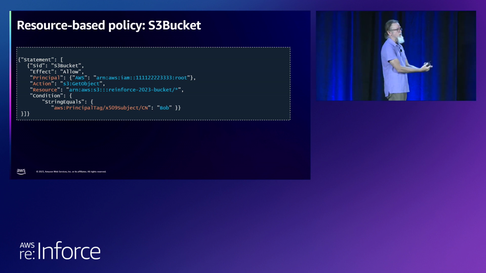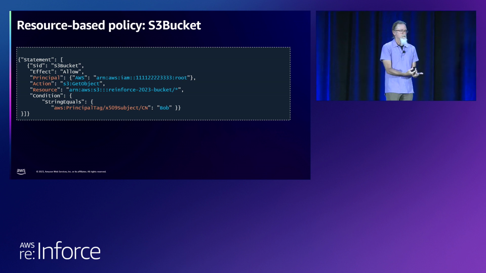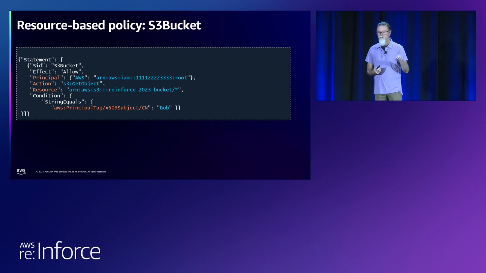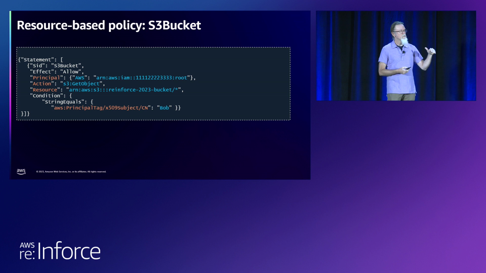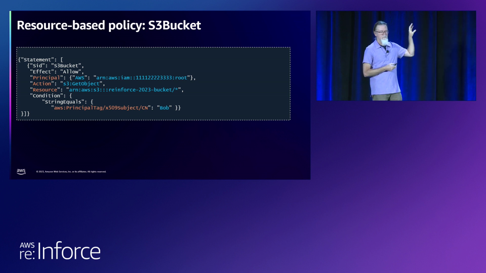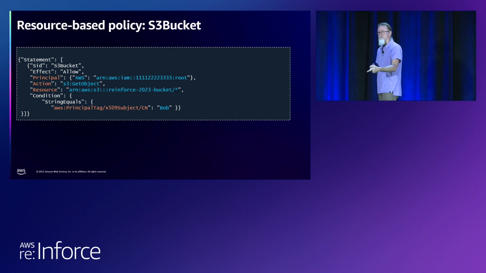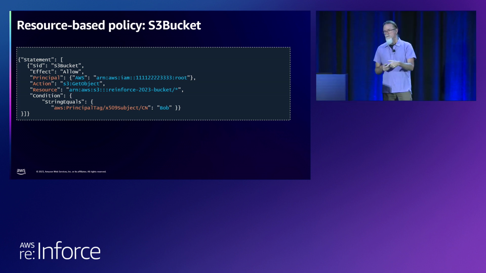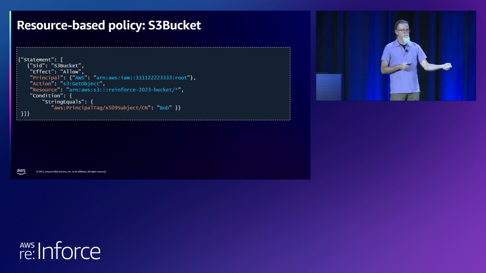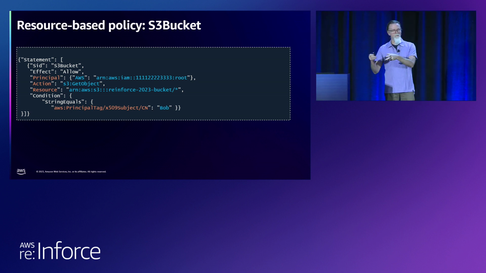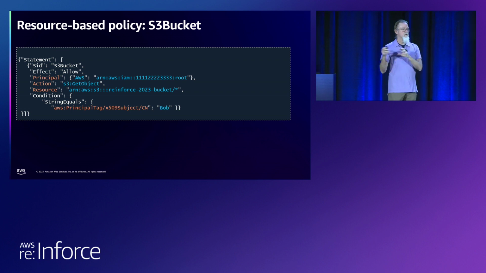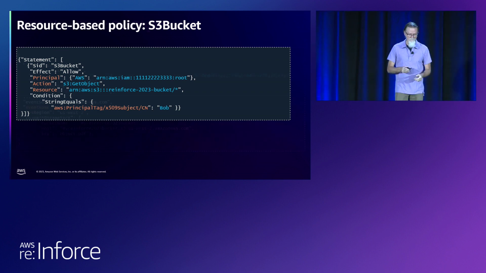So every time I make an API request, if I call S3 put object or get object, the same principal tags will show up and can be used to make access control decisions on resource policy, for example a bucket policy. And they're also transitive in the sense that if I were to assume a second role, use the first role that has permission to call assume role and get a second role, the tags will carry into that chained role as well.